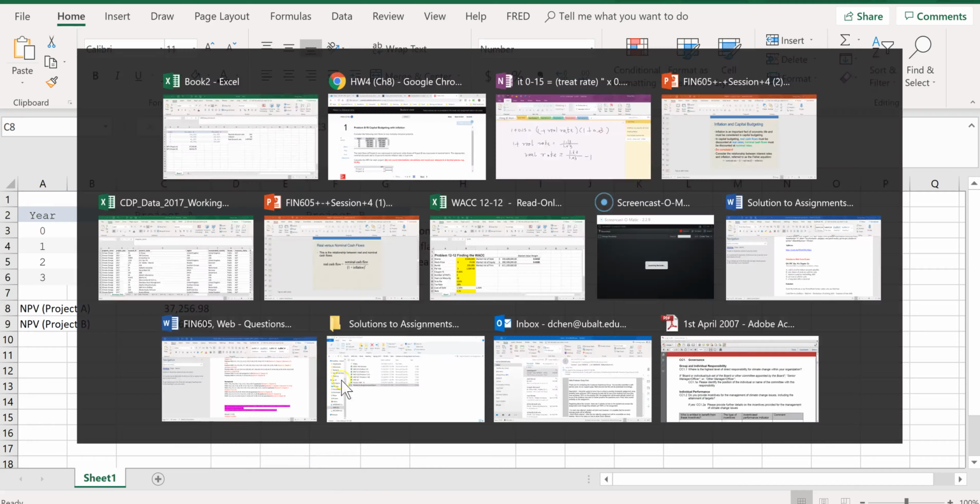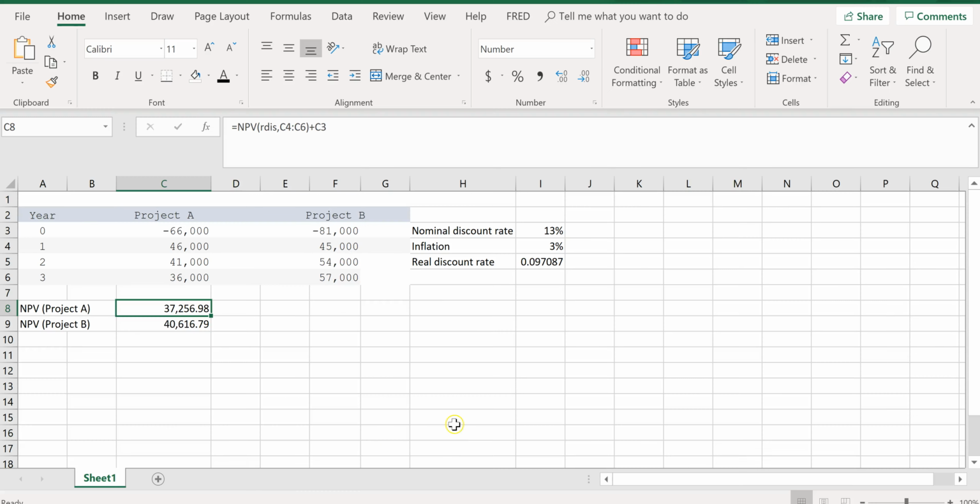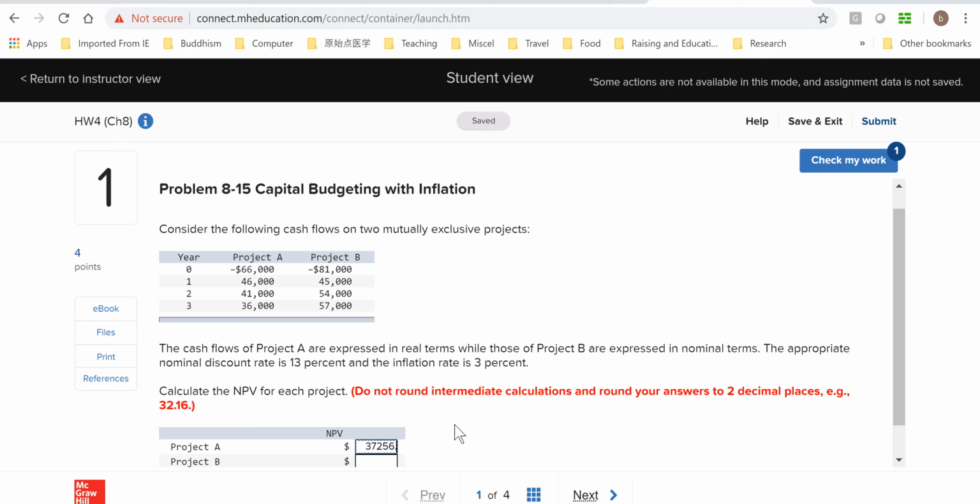So first, just copy the number. Project A is 37256.98, and project B is 401616.79.